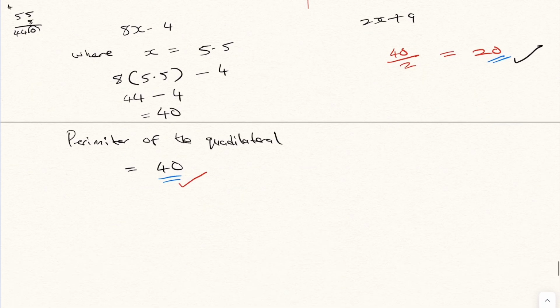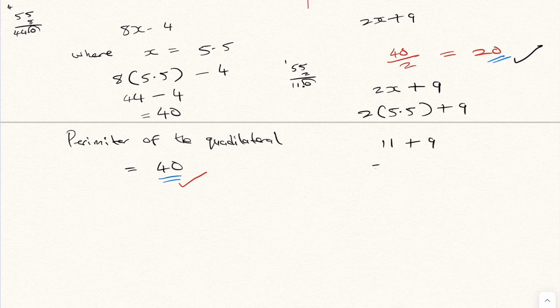But if we want to still substitute it into this perimeter, we can say it's 2 times 5.5 plus 9. So 2 times 5.5, we can just do it here, times 2. 5 times 2 is 10, bring 1 here. 5 times 2 is 10 plus 1, 11, and put the decimal point back. So that's 11 plus 9, which is equal to 20.